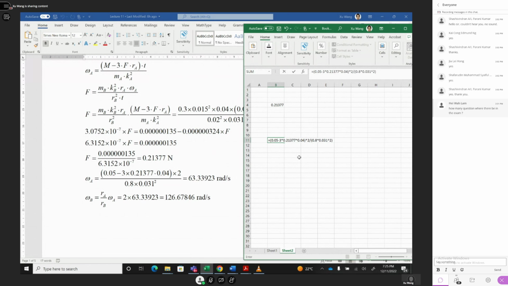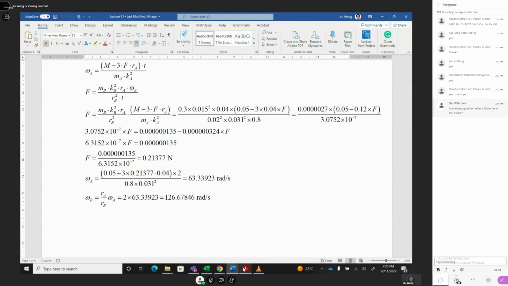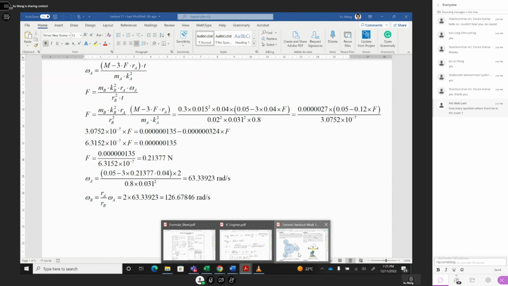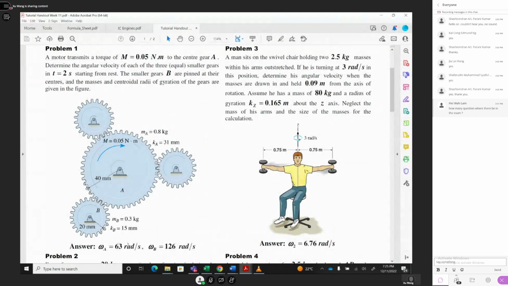That you should get 63, and then this one, 2 times 63, is 126. So what is the standard answer? 63 for omega A, 126 for omega B, double. 63.3, 63, and 126, correct? So you get question 1 already done, okay?